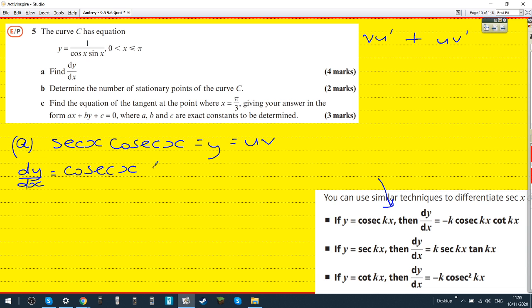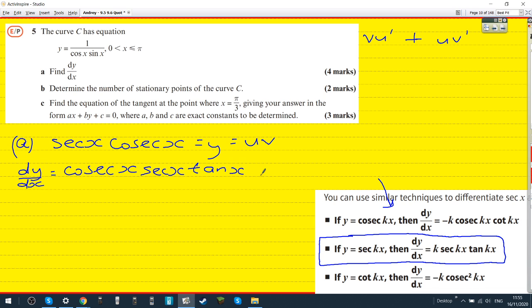I assumed it'd be 1 over minus sin x. Formula booklet. Right. And so that would be sec x tan x. Yeah. And then minus. Plus. Oh, sorry. Plus.